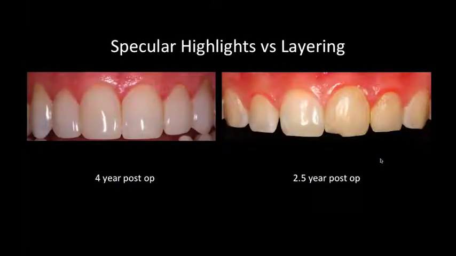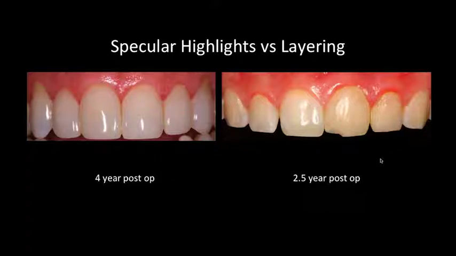And then let's look at those 2 cases at a 4-year post-op for the injection overmolded restorations, and a 2.5-year post-operative for the layered restorations. You can see that at 4 years, the monolithic injection overmolded restorations have held up nicely. The color is stable, and you still have nice integrity of the restorations.